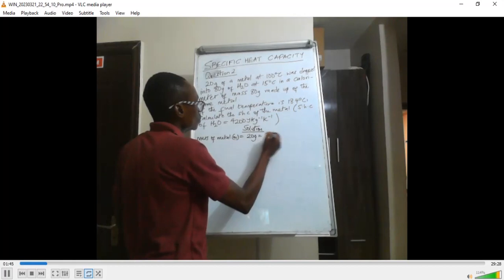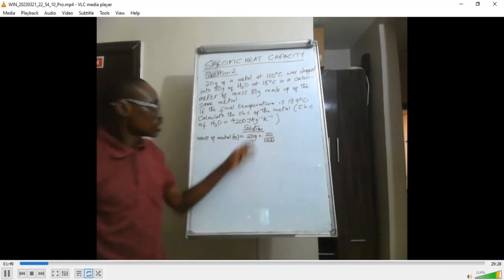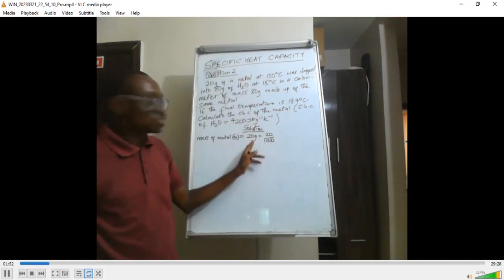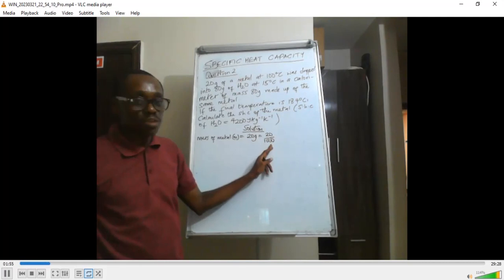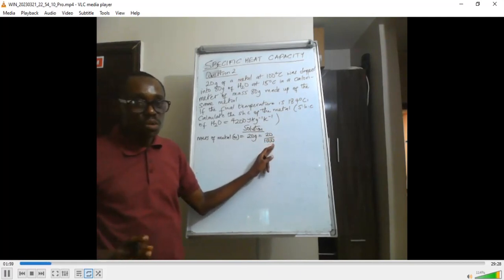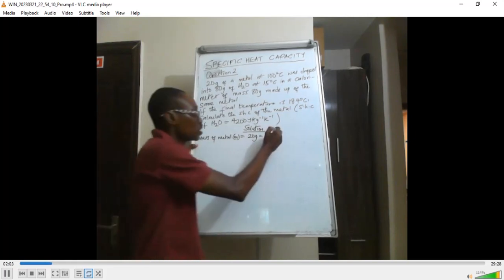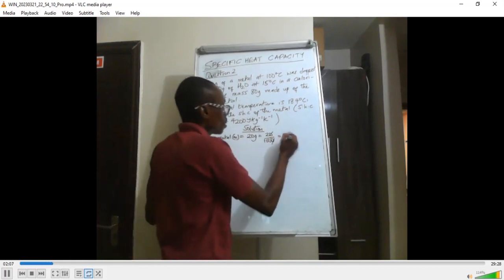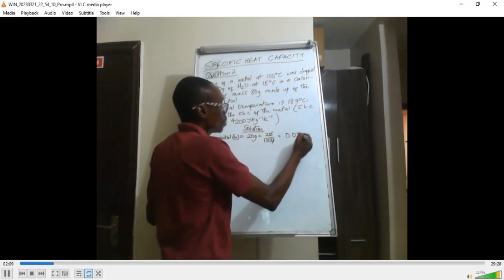We want to convert it to kilogram, so I divide by 1,000. Remember that 1 kilogram is equal to 1,000 grams. That's why I'm dividing by 1,000. So 0 cancels 0. At the end of the day, if you divide this, you're going to have 0.02 kilogram.